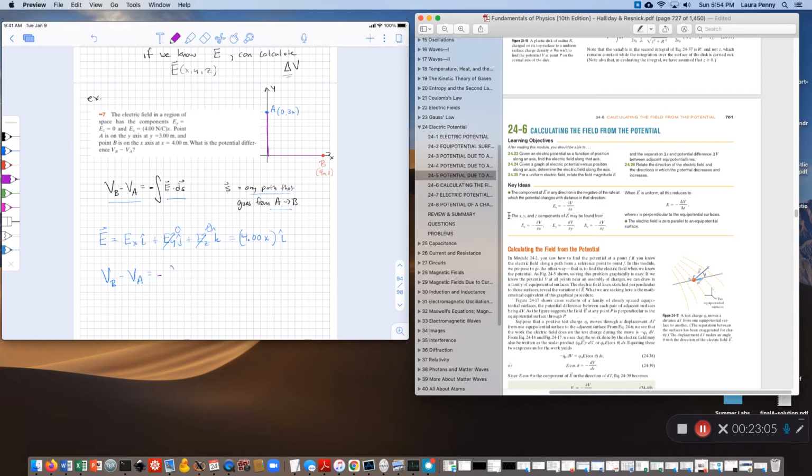So I'm going to split this integral, negative E dot ds, into two integrals.